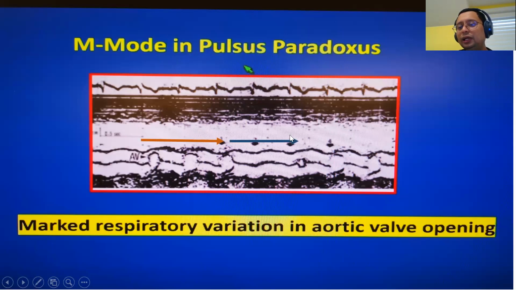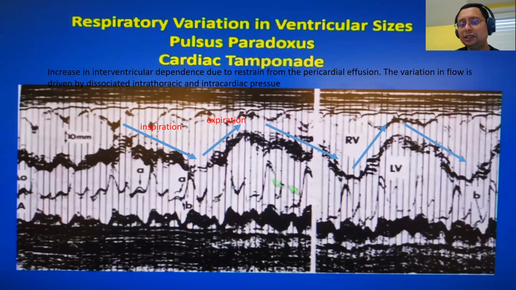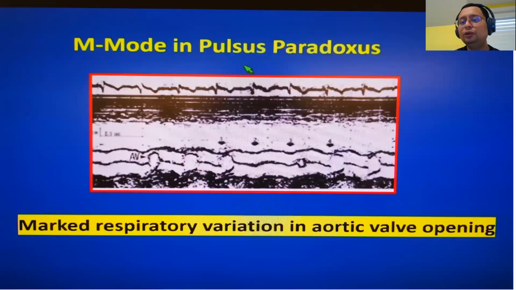During inspiration, you can see the aortic valve closed because of the reduction of cardiac output. So this is also showing you pulsus paradoxus, the mechanism of it. This is showing you the hemodynamic sequelae of pulsus paradoxus that you can see in M-mode. That's why M-mode is very important. It is not historical.